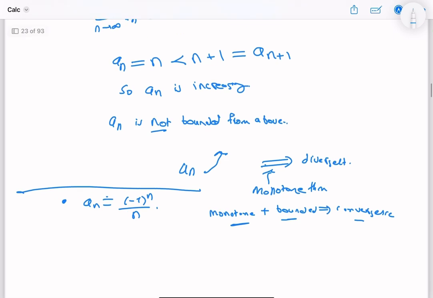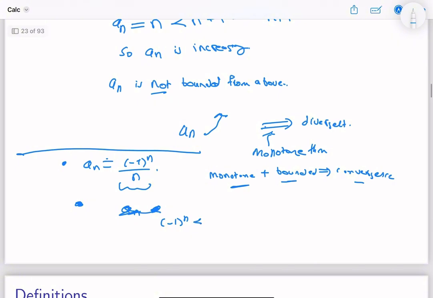So for example, if you look at this sequence, this sequence is convergent. Why is it convergent? Well, because if you remember, we used the squeeze theorem, right? We squeezed (-1)^n over n between 1 over n and negative 1 over n, because we mentioned that (-1)^n is always equal to plus or minus 1.